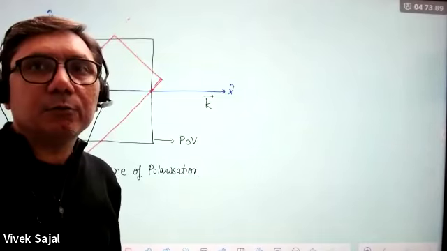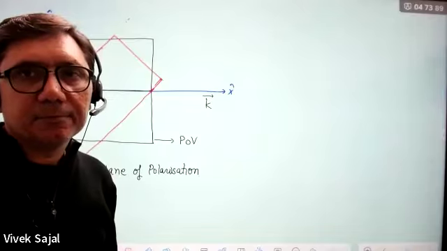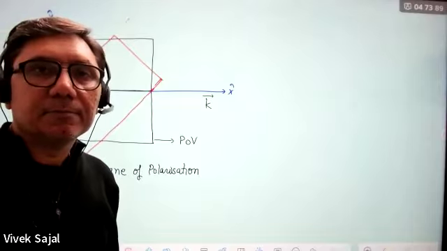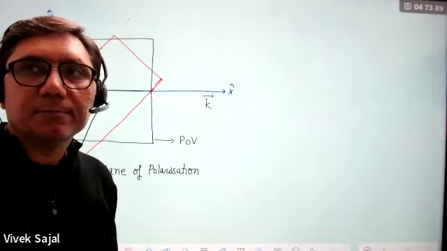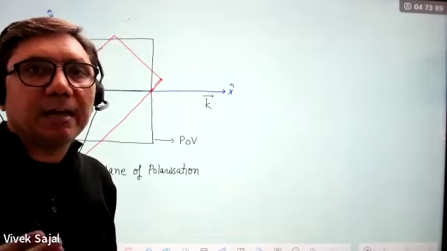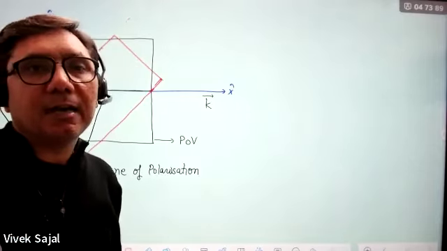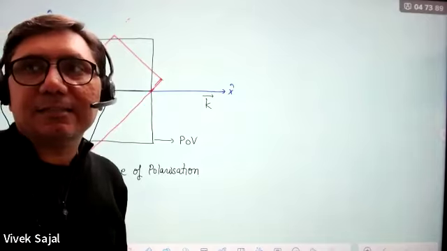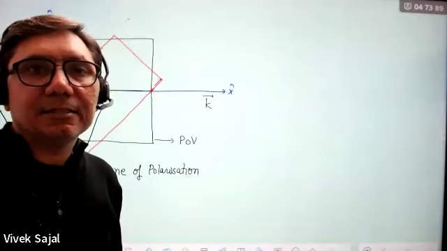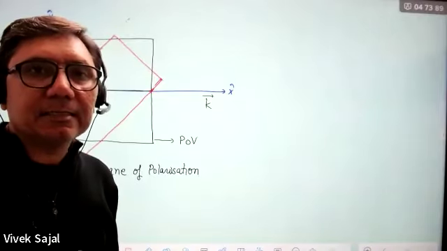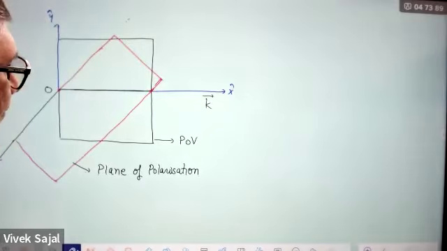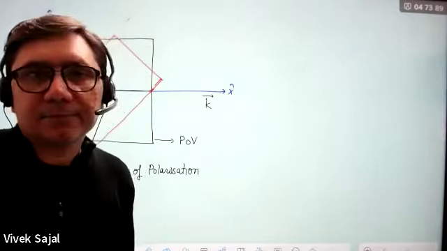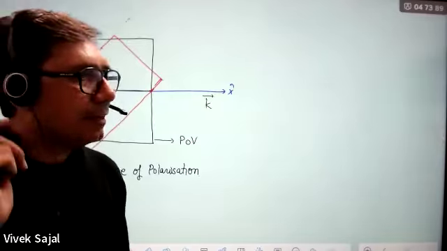Plane of vibration and plane of polarization intersect each other along the k vector.